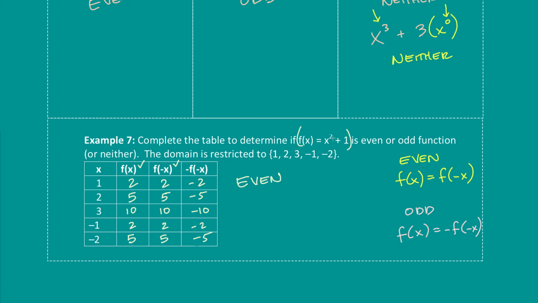Now if you look at our function itself, our little trick before was just identify the powers. So this guy is an exponent of 2, this guy is an implied exponent of 0. Those are both even, so it's even. So that's the way to identify it based off of graphs, based off of the algebraic formulas, and also by plugging in values, how we identify even and odd functions.